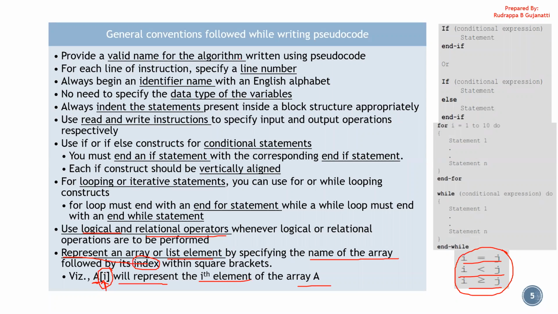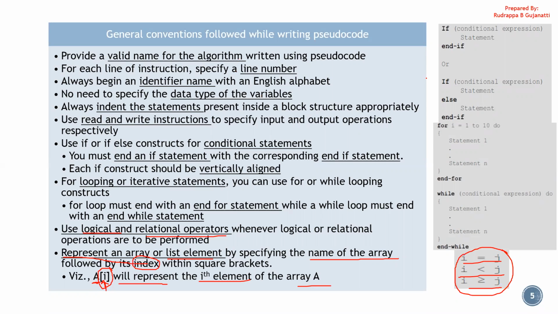So provide a valid name to the pseudocode or the algorithm, then specify the line numbers so that it becomes easy for us to keep track of the different aspects. Then provide the identifier names, which are nothing but the variables you are using, with proper names so that it becomes easy for the programmer or the analyzer to read. Then use indentation so that reading becomes easy.